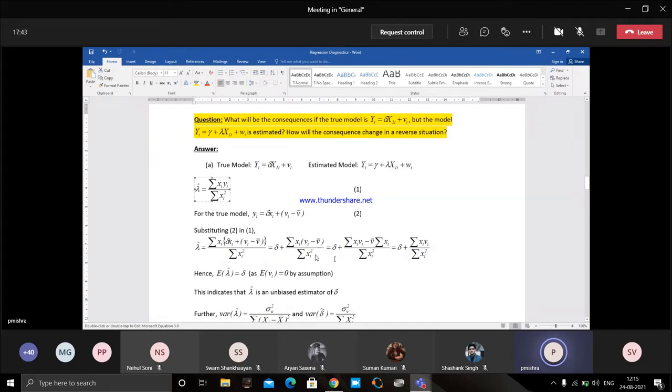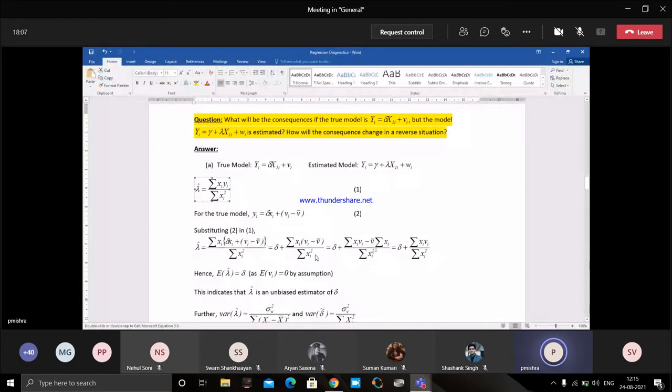So what additional component do I have? That is summation of xi into (vi minus v1) divided by summation of small xi square. Now, through simplification, what am I getting? We are getting delta plus summation of small xi vi divided by summation of small xi square.